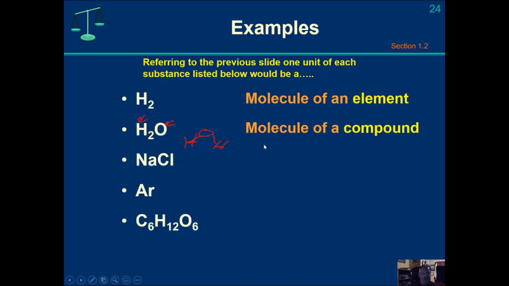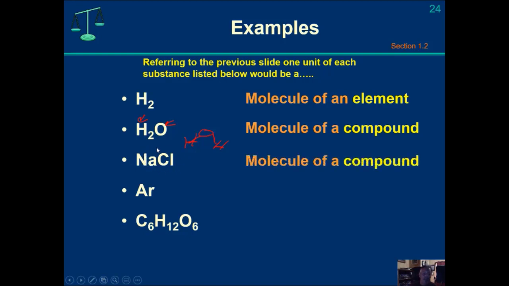Now, initially we fib some time, but we clear it up later. Right now you might think, well, this is a compound, and you'd be absolutely 100% right. And if you were talking about a single unit of this compound, you would think of it as a molecule of a compound.